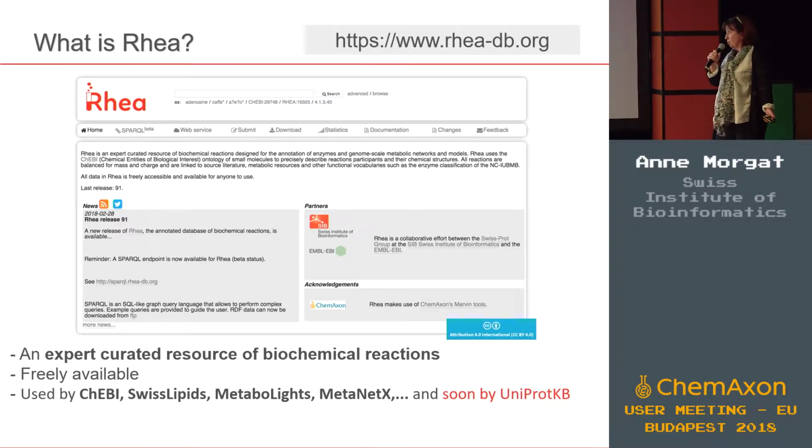Also some metabolomics projects like SwissLipids, with a specific focus on lipids, and Metanetx, which analyzes genome-scale metabolic networks. And soon, RHEA will be used by UniProtKB, the gold standard in terms of protein sequence and functional annotation.